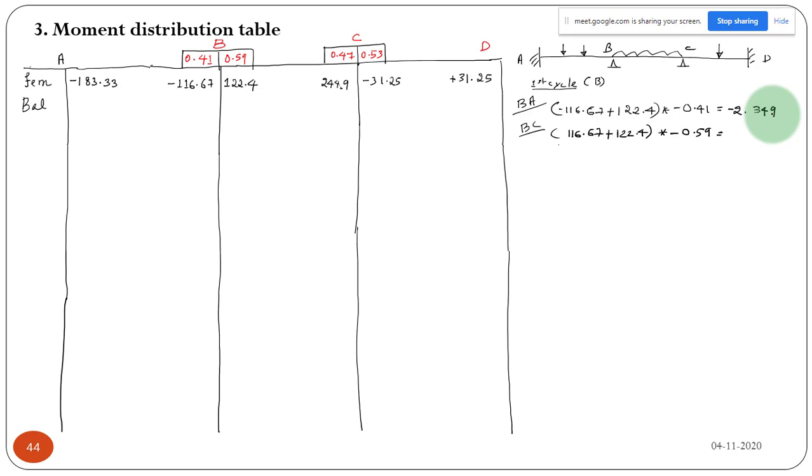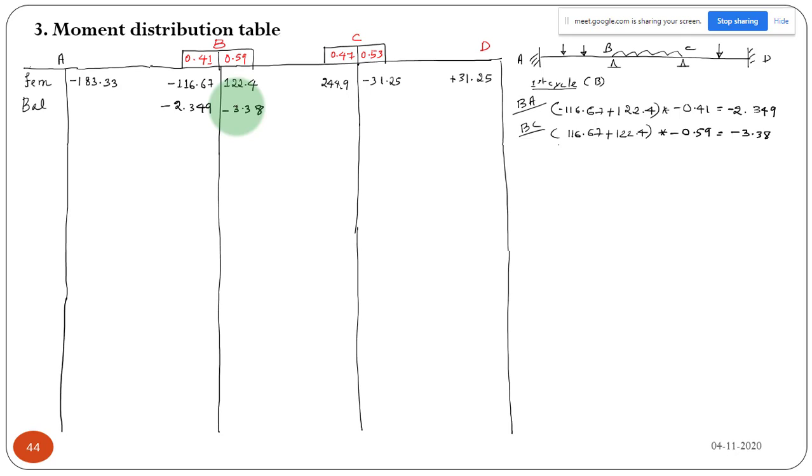And for the other span you should get something higher because the distribution factor is more, 0.59. So this will be minus 3.38. I will write this value here. This is my distributed moment for MBA: minus 2.349, and this is minus 3.38.